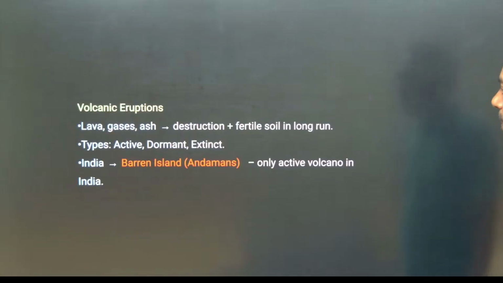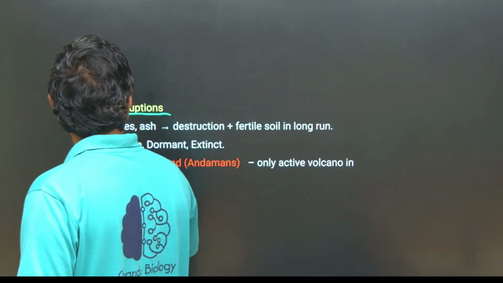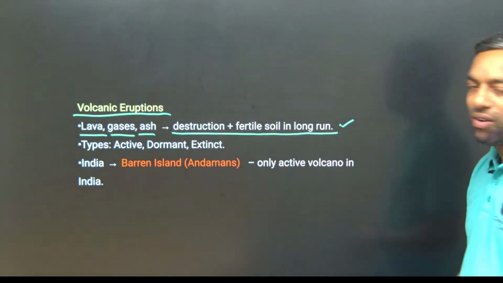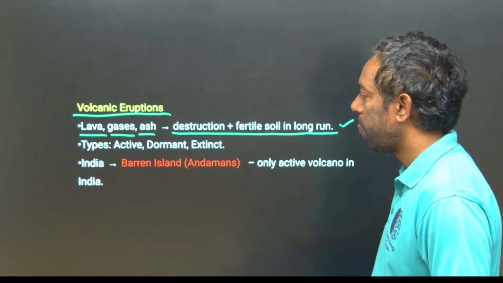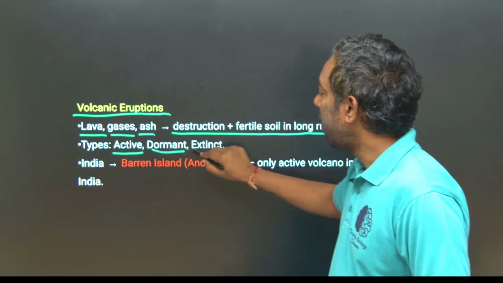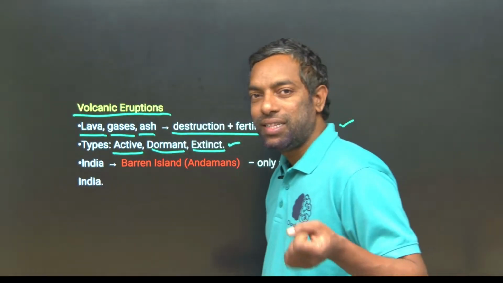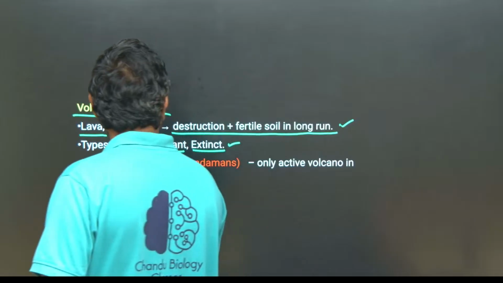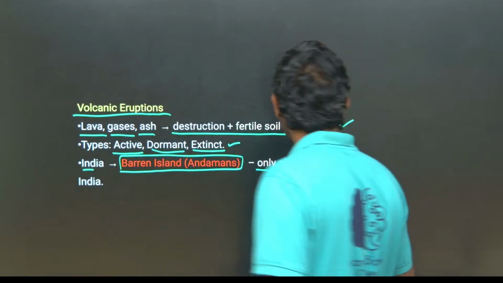And volcanic eruptions. Volcanic eruptions: the lava, gases and ash can destroy fertile soil in the long run. Volcanoes are sometimes active, dormant or extinct. Active means the lava is always going out from the earth's crust. In India, Barren Island in the Andaman Islands is the only active volcano.